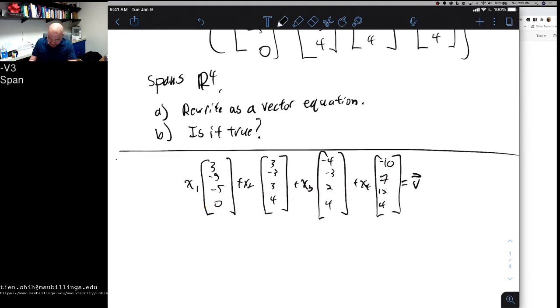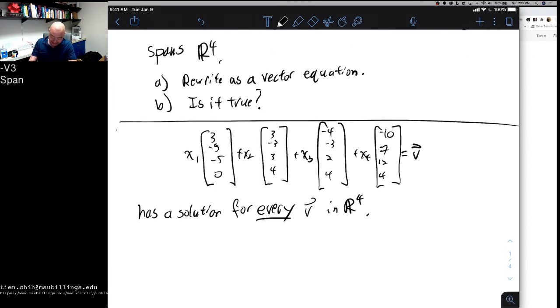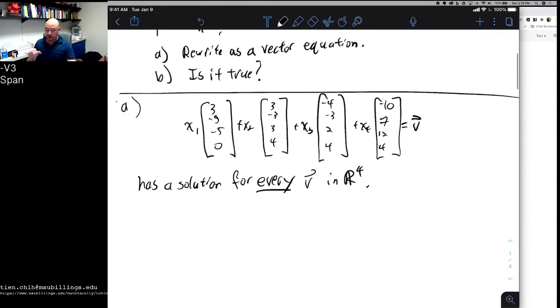So this has a solution for every v in R4. And so that is our equivalent vector equation.